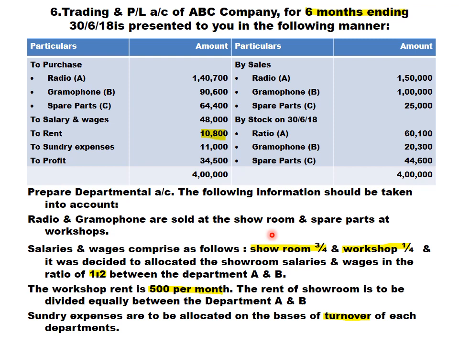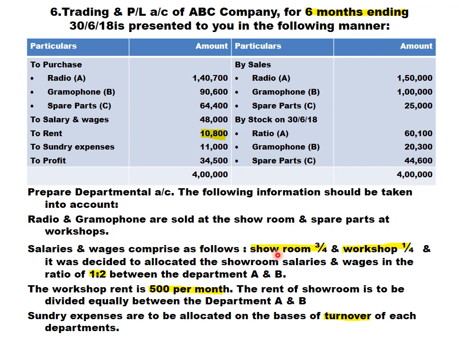Radio is department A, gramophone is department B, and spare parts is department C. So conclusion, which departments are located in showroom? A and B. Which department is located in workshop? That is C. So A, B at one place and department C at another place.